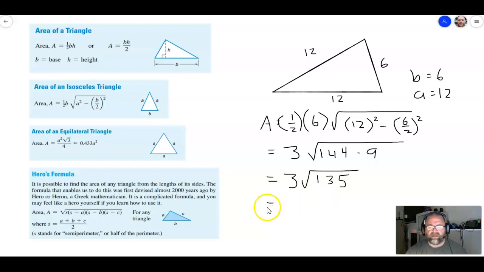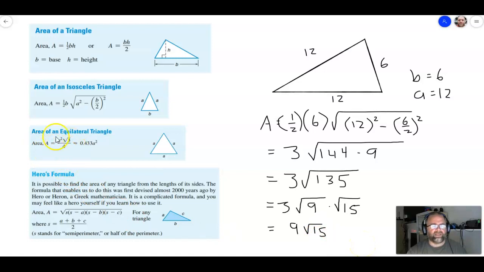So we can rewrite this as 3, and then we can break up the 135 into the square root of 9 times the square root of 15. And then we're going to end up getting 3 times the square root of 9 is 3. So 3 times 3 is 9 times the square root of 15. And that would be our final answer there.